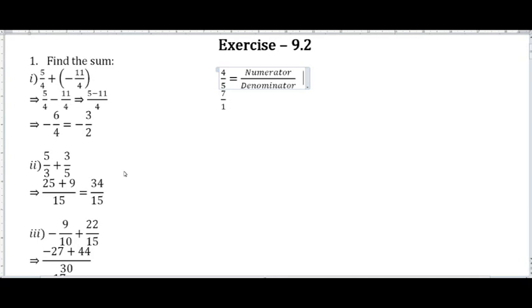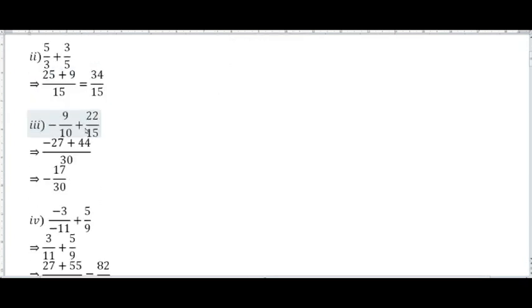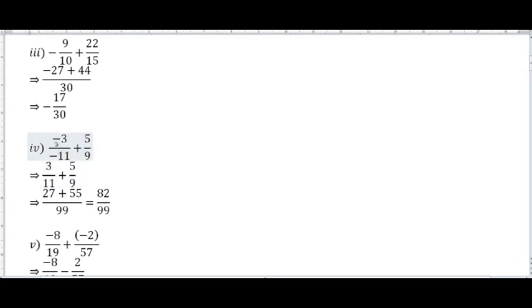Okay, we are talking here about rational numbers which are positive and which are negative. Whenever neither the numerator nor the denominator carries a minus sign, it is positive. And also when both numerator and denominator carry a minus sign, the minus signs will cancel each other and it will become positive.